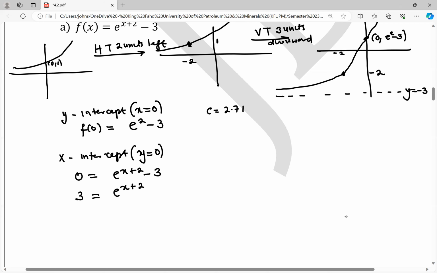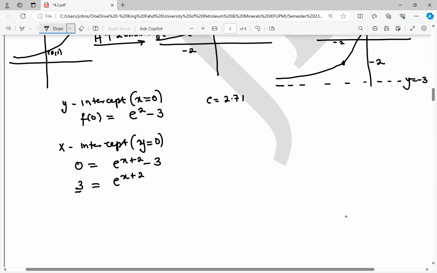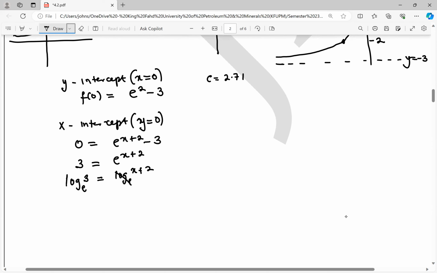Now here, since the bases are not the same, what we can do to solve this, we're going to discuss more of this in the next section. We can take log to base e of both sides. So if you take log to base e of both sides, this and this will go. So we will have that log to base e of 3 equals x plus 2. So x is going to be log to base e of 3 minus 2.